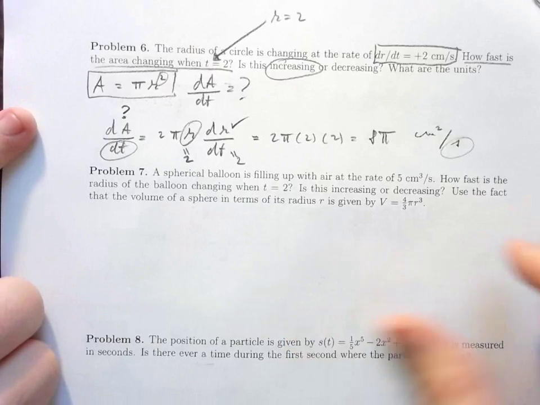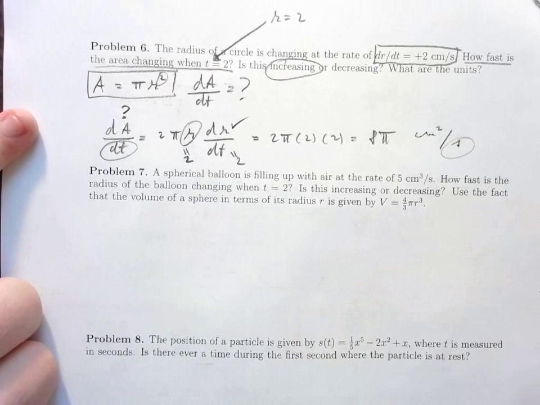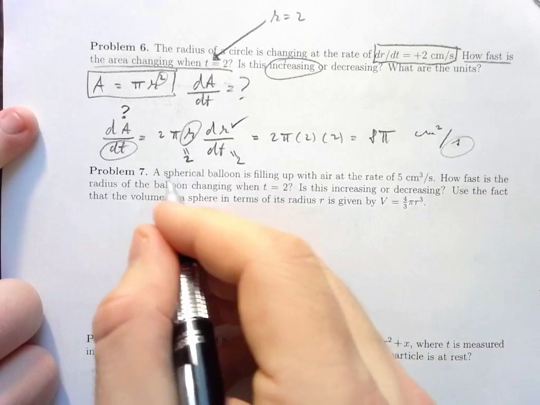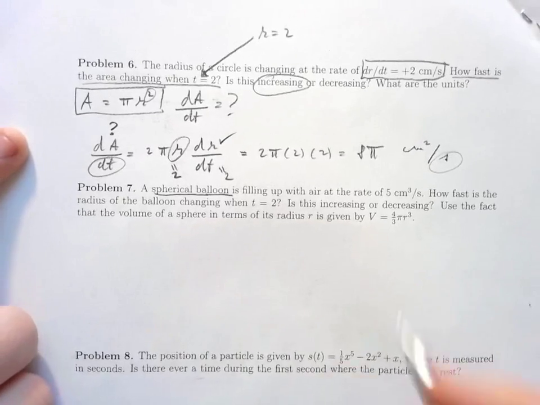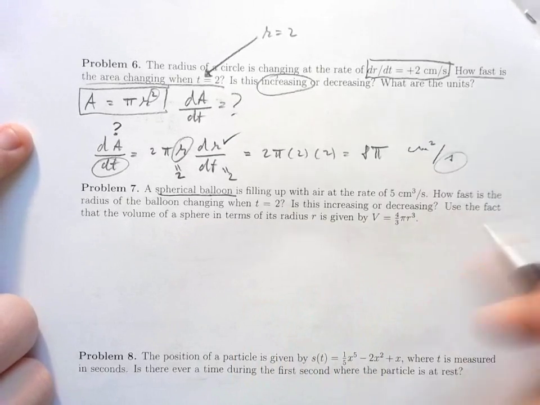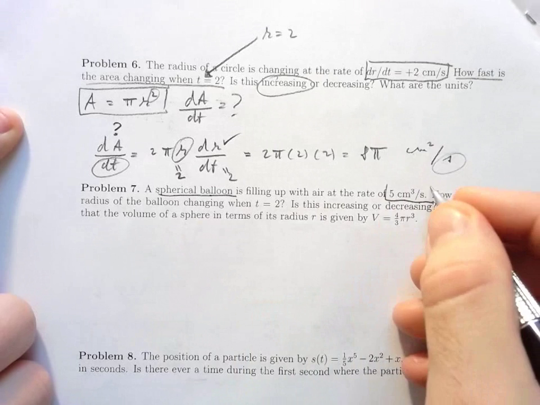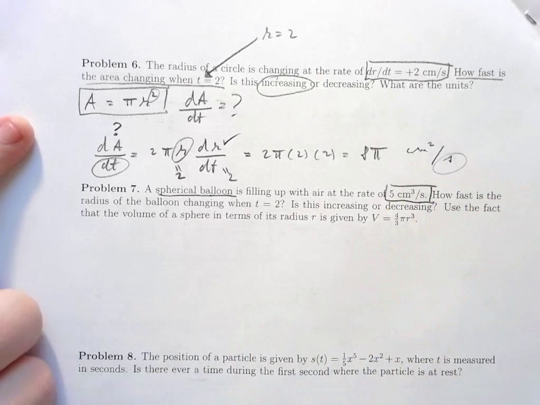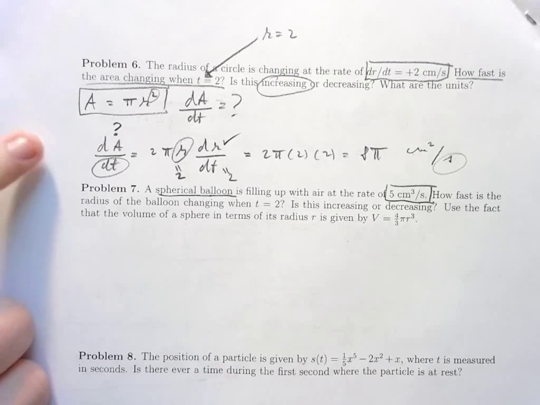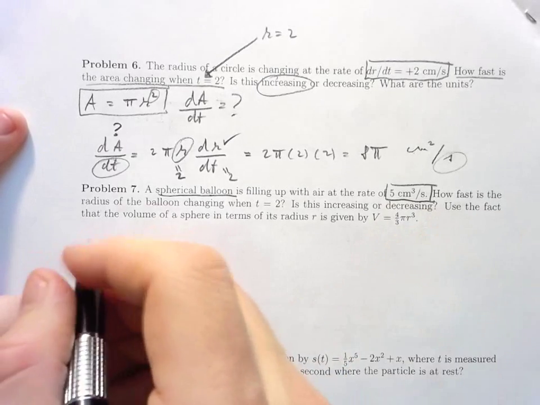Okay, how about problem 7? So I have a spherical balloon, in other words a sphere, that is filling up with air at a rate of 5 cubic centimeters per second. Now let's translate that into math, right? It's filling up with air, so the volume of the balloon increases at this rate.